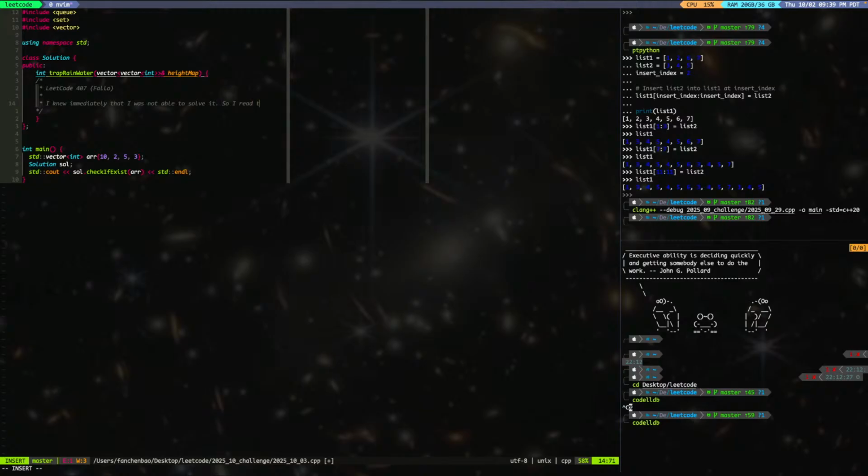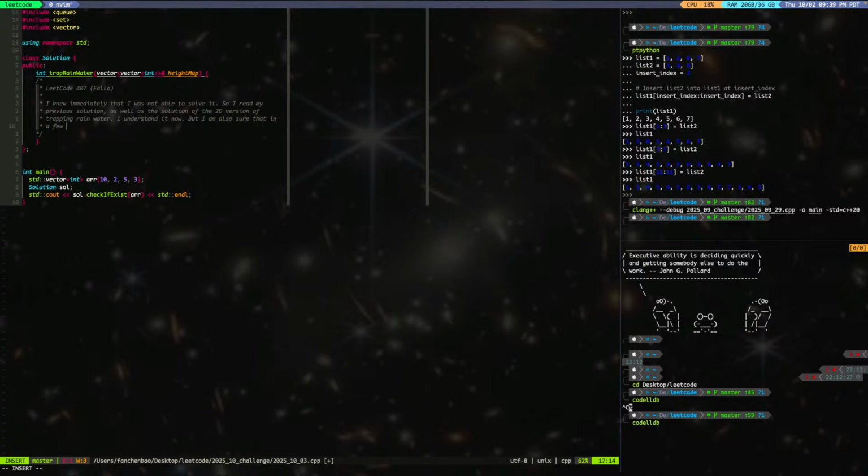So I read my previous solution, as well as the solution of the 2D version of trapping rainwater. I understand it now, but I'm also sure that in a few months I will forget about it again.